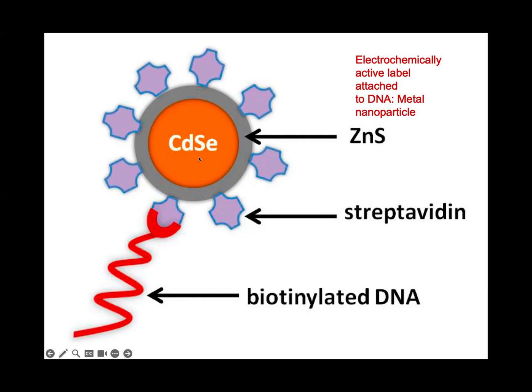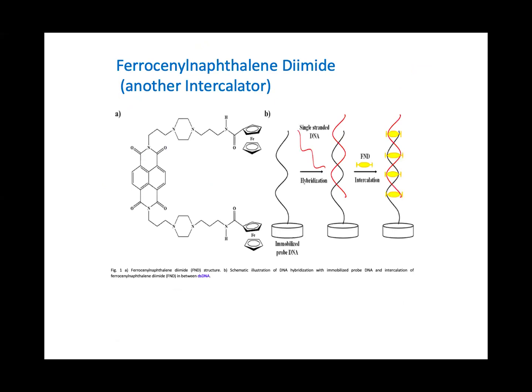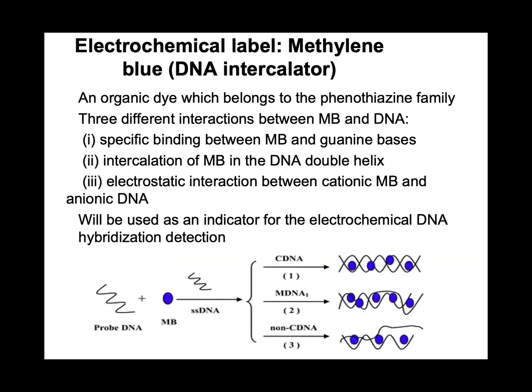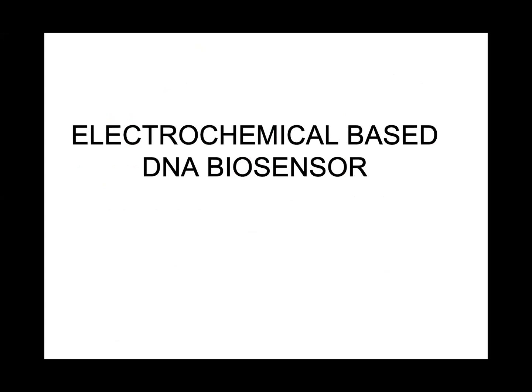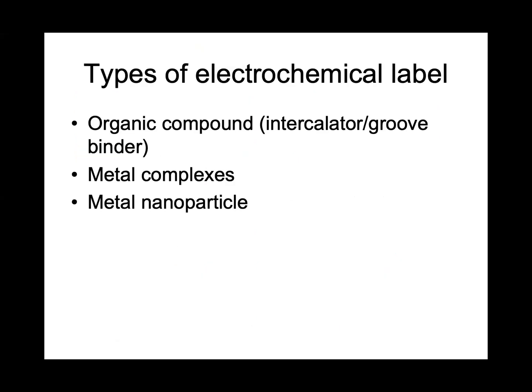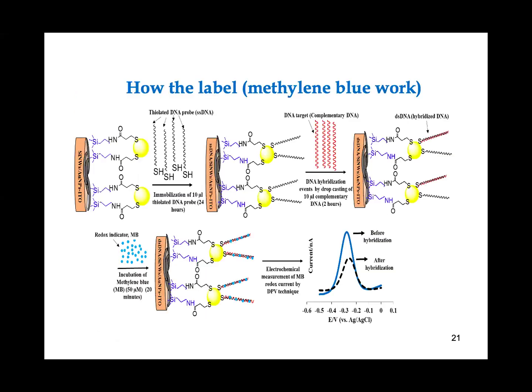You can Google it. So these are among the strategies that we can use so that DNA now becomes electrochemically active, right? So this is a step that we need to do first before we can develop DNA-based biosensors using electrochemical technique as the transducer.